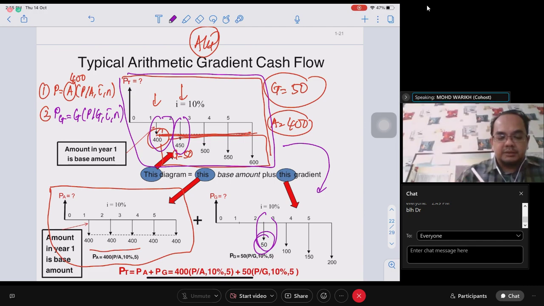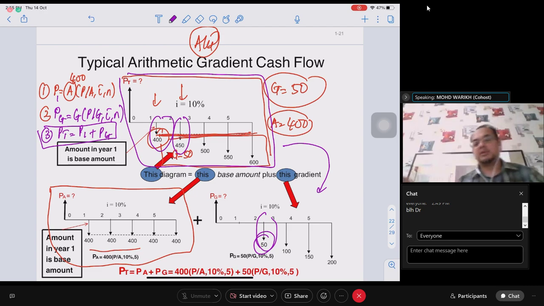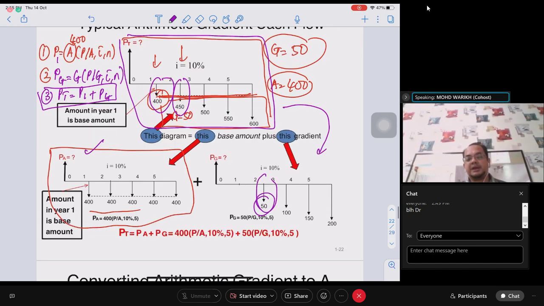So the last one is the total. P1 plus P2. Make sure you calculate each one: the normal one for the A1, and the second one is the gradient.